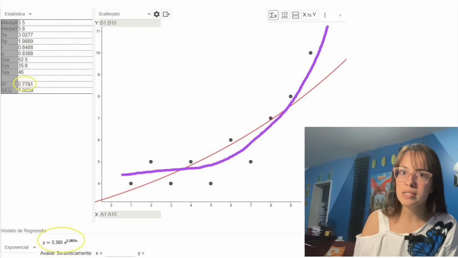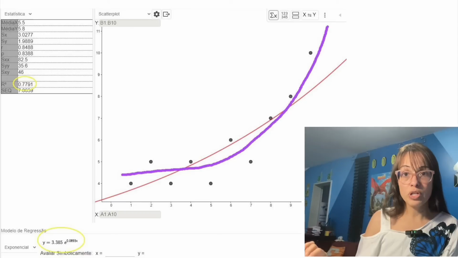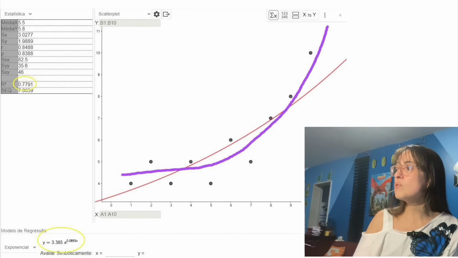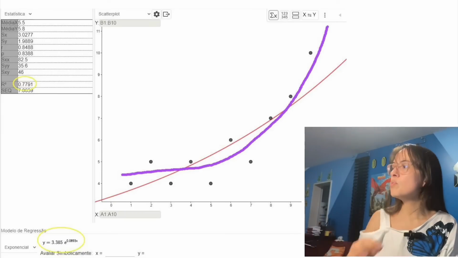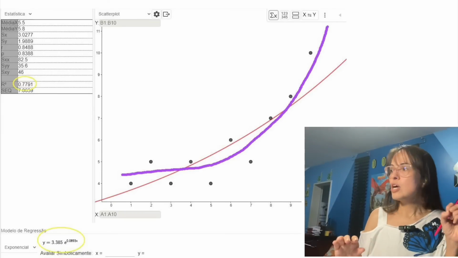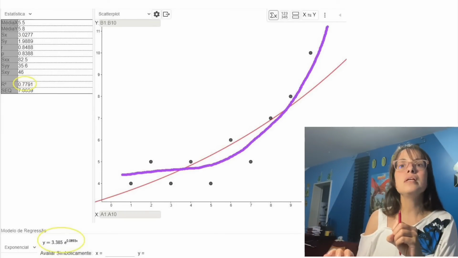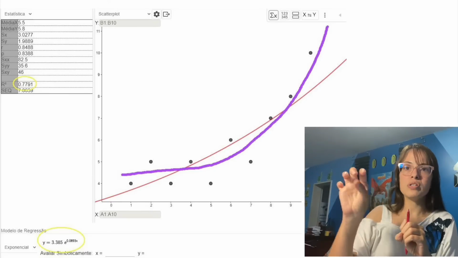But the thing is that the kind of exponential that he is looking for doesn't have this vertical translation that I want. He wants an exponential that is just constant times e to the power of constant x.